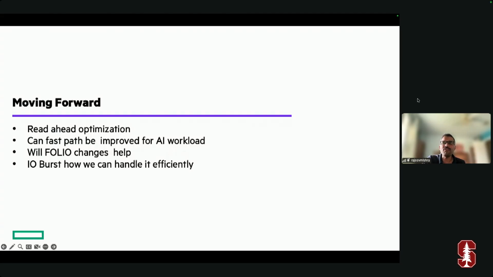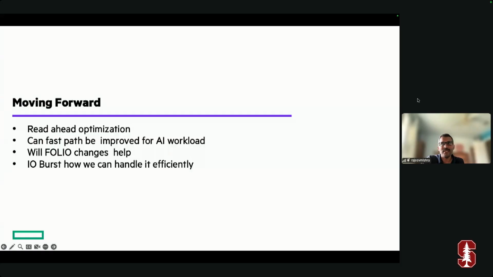Moving forward, we will have to find a way, because these IOs come in bursts, and we need to optimize the read ahead so it serves best. It can auto-tune for the AI kind of workload, because it knows that it may not reread, since we didn't see rereading, so maybe it can throw the data away. It is already there, but the tuning has to be done, and we will have to analyze the impact.